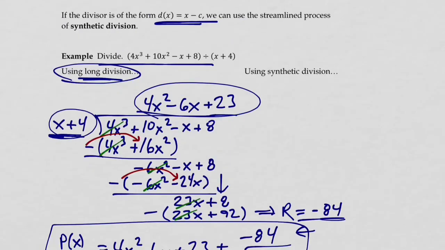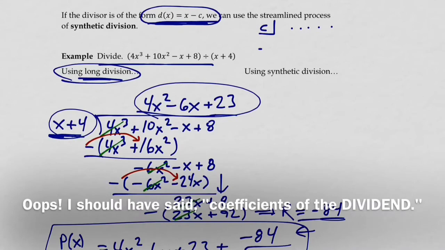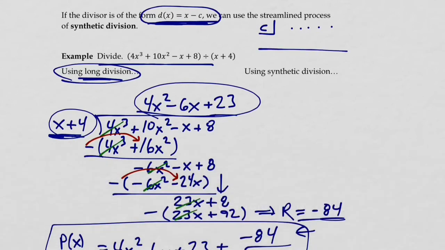Now this particular problem lends itself to synthetic division because we can think of the divisor as having the form x minus c, where c represents some constant number. To do synthetic division, we're going to set up a different type of bracket. We're going to put c on the outside, write just the coefficients of the dividend next to that, and then draw a line, and the coefficients of our quotient and the remainder are going to go underneath that line.